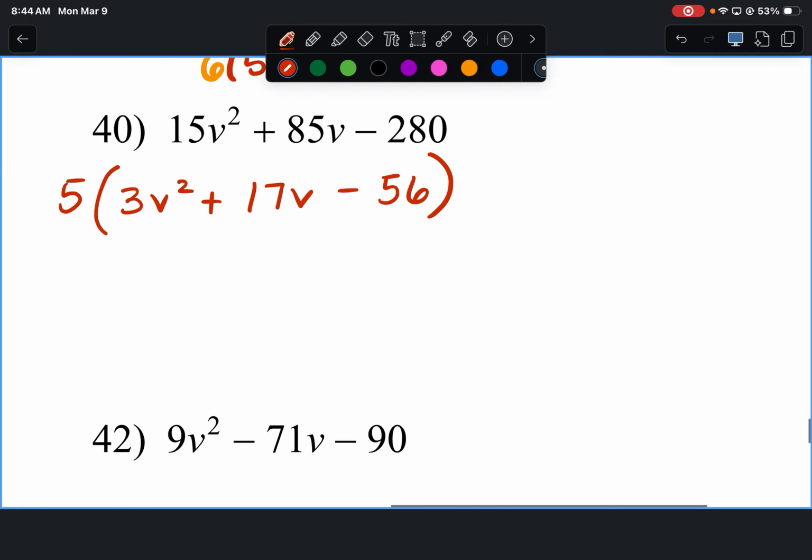So now we have a trinomial in there. What is our A? 3. What is our B? And what is our C?